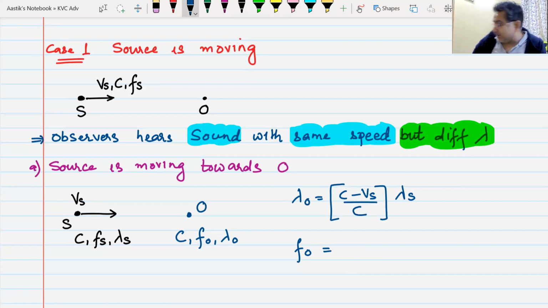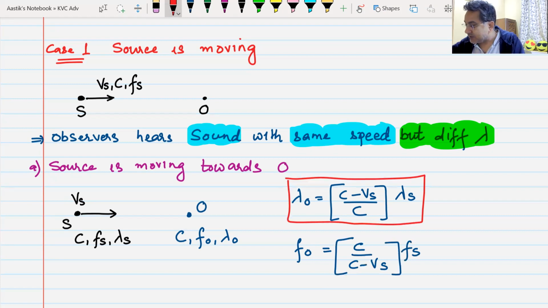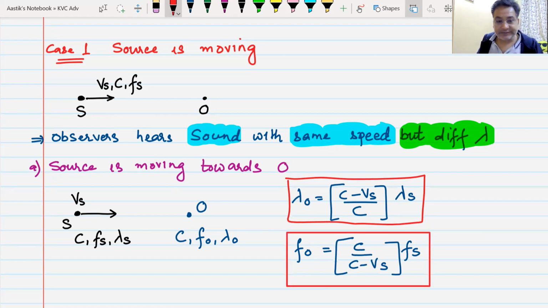Yes, now it is correct. And F naught becomes C upon C minus Vs into Fs. I always get confused between these two formulae. I could never remember them, and I always find difficulty in remembering them.